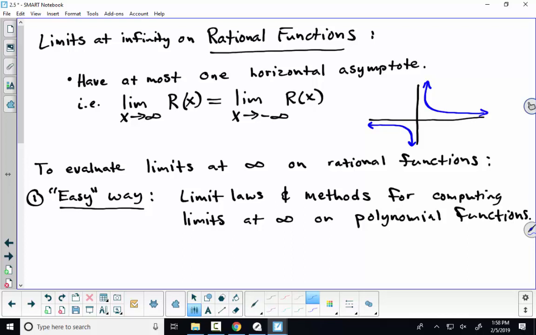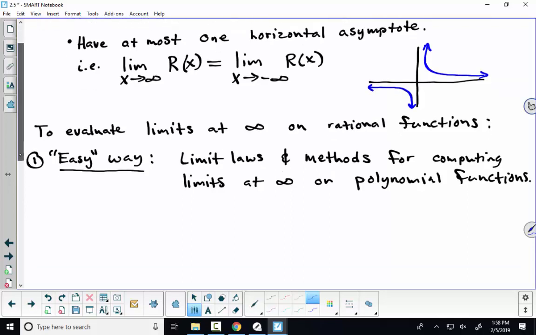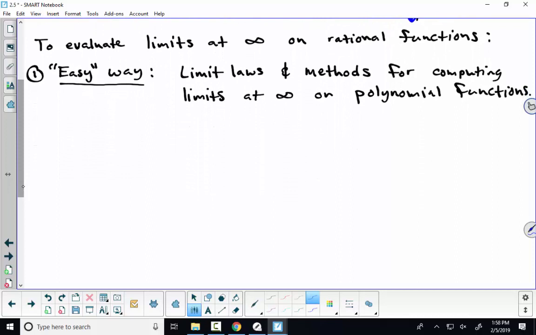So to evaluate limits at infinity on a rational function, we're just going to utilize our limit laws that we saw in 2.2. And we're going to utilize limits at infinity on polynomials that we just looked at. That's really the easier way to think about these kinds of things. So here's an example.